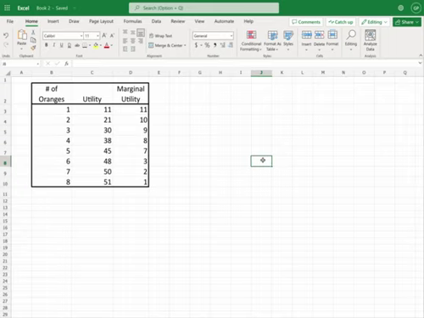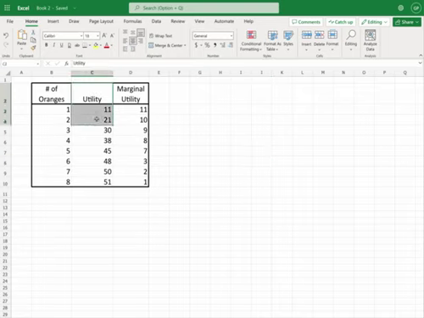The next part of the question had you drawing some graphs from this information, drawing a total utility curve and a marginal utility curve. All right, we can do that very simply by using Excel and using the graph function. I mean, if you want to do it by hand, that's fine.